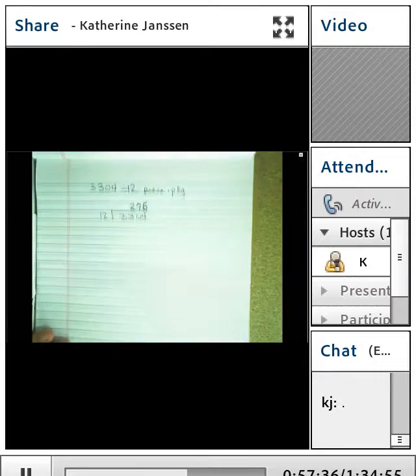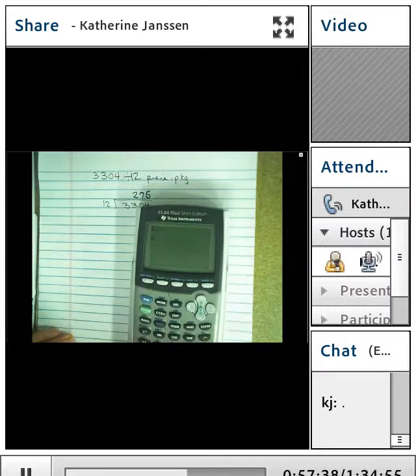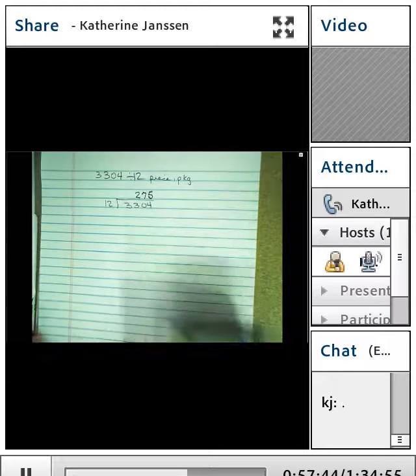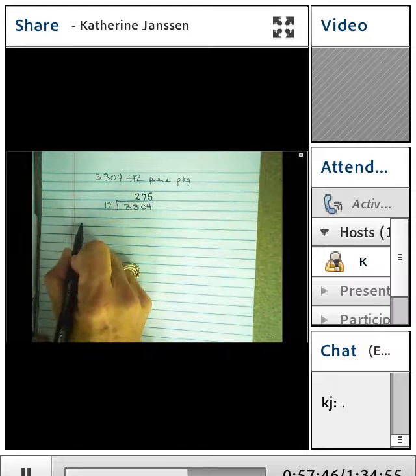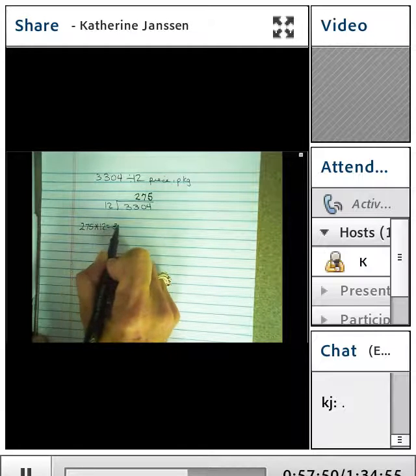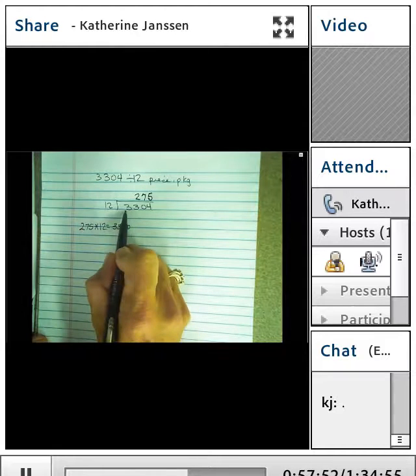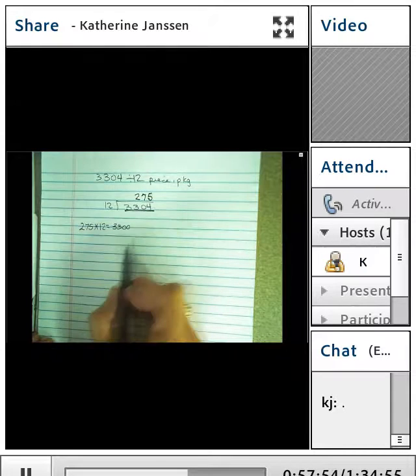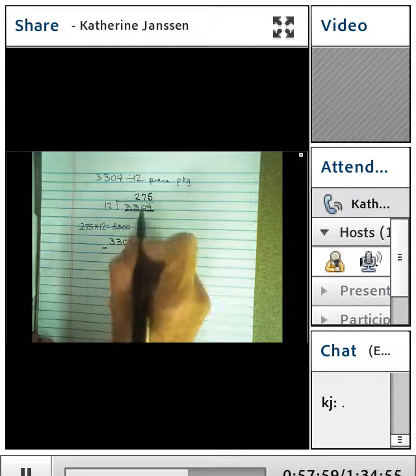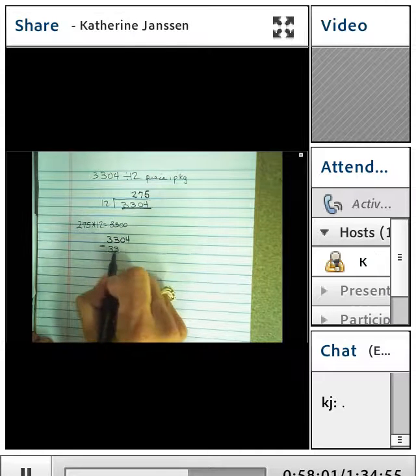So I can figure out my remainder. 275 times the divisor, 12, is 3,300. Now that's getting close to my dividend. I'm going to find the difference. 3,304 minus how much do I have so far? 3,300.